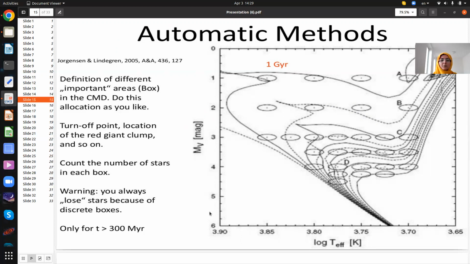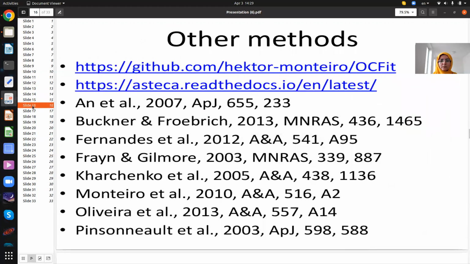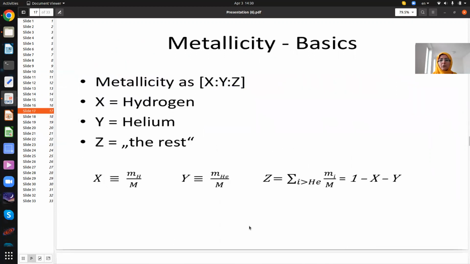And just be careful that you always lose the stars because of discrete boxes. Only for T more than 300 million years. Other methods, and you see, for metallicity as X, Y, Z, or hydrogen, helium, and Z is the rest of them.